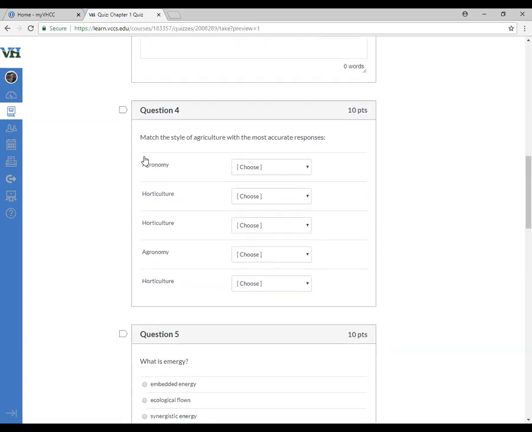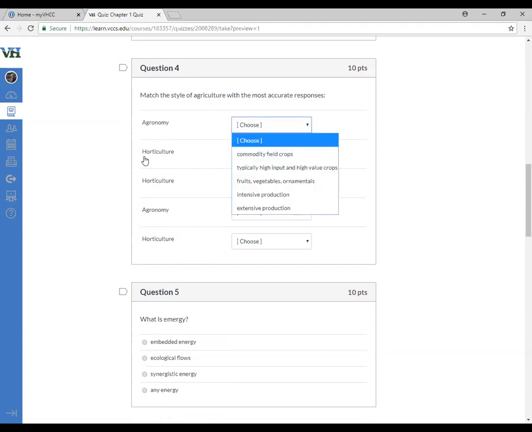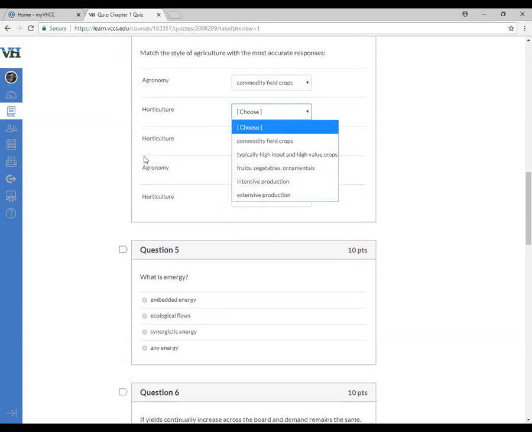All right, match the style of agriculture with the most accurate responses. This is a question that I messed up on the first quiz. I think the number of choices didn't always match up. Agronomy, we think of as the commodity field crops.